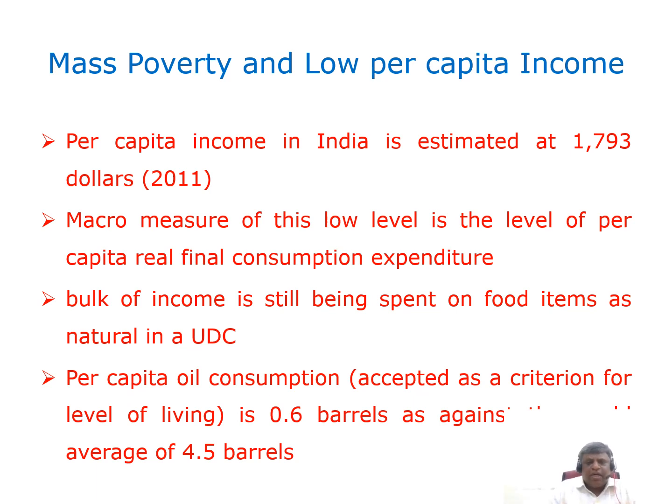Per capita income in India was estimated at $1,793 in 2011. A macro measure of this level is per capita real final consumption expenditure. The bulk of income is still being spent on food items, as is natural in underdeveloped countries, UDC. Per capita oil consumption, accepted as a criterion for level of living, is 0.6 barrels as against an average of 4.5 barrels.